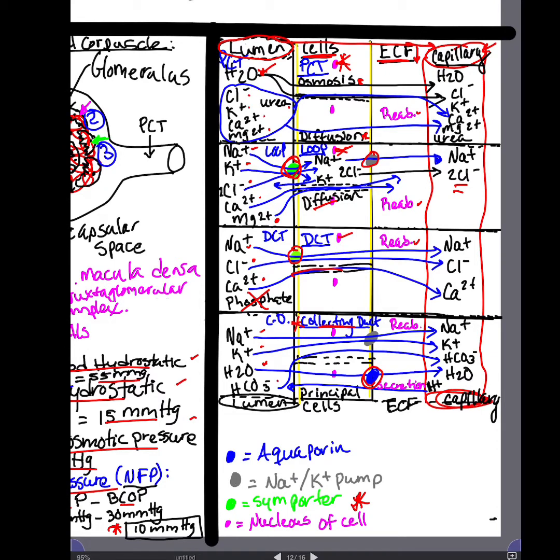We're going to have bicarbonate, and then we are going to have also some reabsorption and secretion of these sodium, potassium, water, right? Reabsorption of those inside the collecting duct.